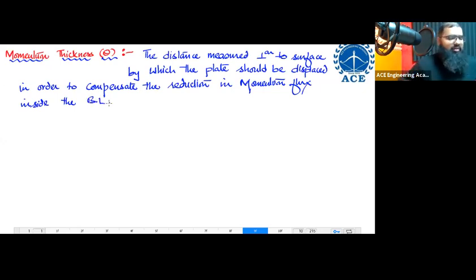Inside the boundary layer, momentum flux is going to get reduced. In order to compensate the reduction in momentum flux, the distance measured perpendicular to the plate by which you are displacing the plate is known as momentum thickness.